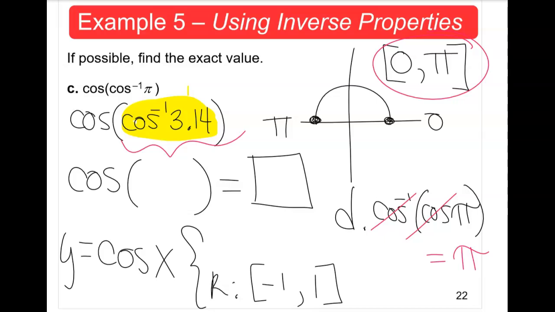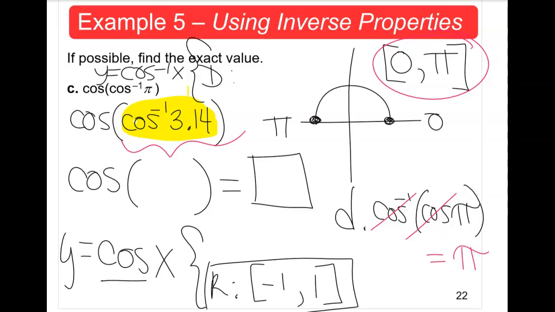So if we ask ourselves what the cosine inverse of 3.14 is, it is undefined, because the domain of the cosine inverse function will be the same as the range of the regular cosine. And so it will be from -1 to 1.